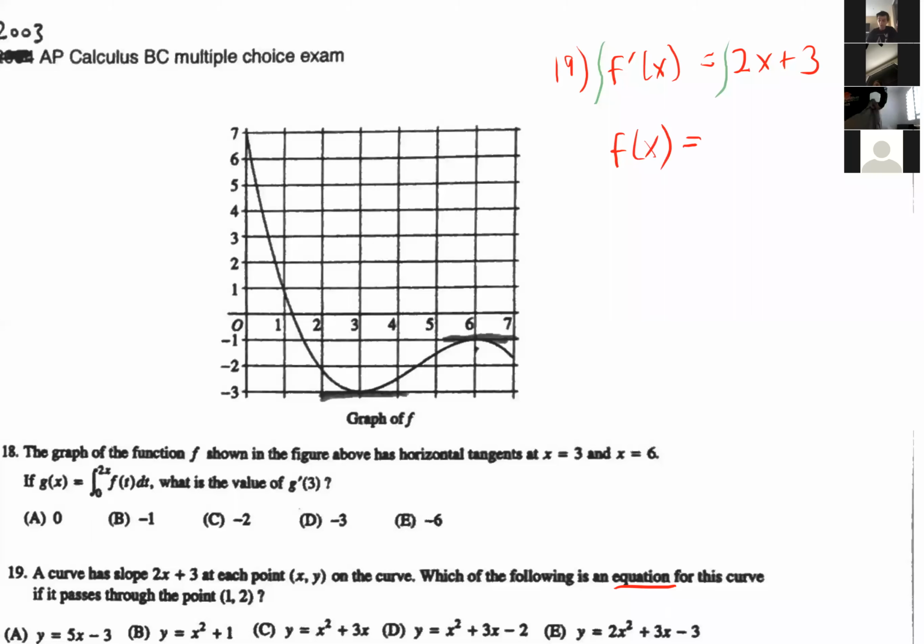When you integrate 2x plus 3 dx, it's going to be x squared plus 3x. Don't forget, when you're taking the integral of an expression, an indefinite integral, you always do plus c at the end. And that's where the initial condition comes in. So you're given the point 1, 2. So I'm going to plug in 2 for the y coordinate. And then I'm going to plug in 1 everywhere I see an x.